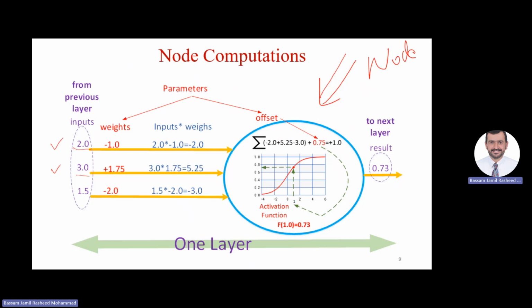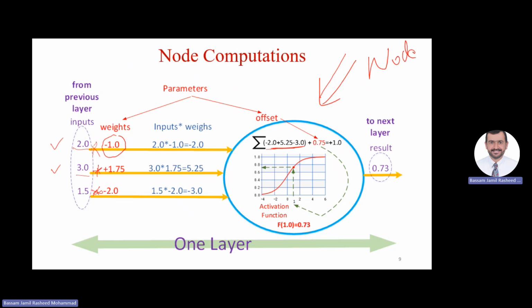The connections are weighted, meaning they have weights, meaning I multiply the data times the weight. That's the computation we do. So you multiply 2 times minus 1, 3 times 1.75, 1.5 times 2.0. Then sum them up. You can see that this is the result here.